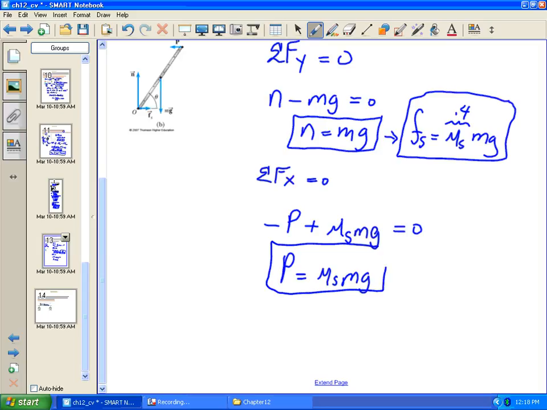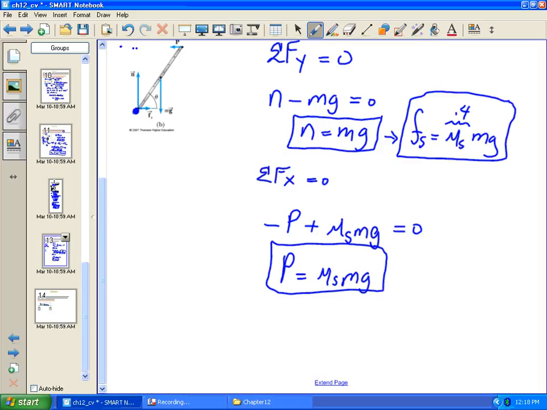So another unknown. Lastly, to get the angle theta, which is what they really wanted us to solve for, we're going to look at the torques about some axis of rotation so that equilibrium is maintained. And I suggest that the axis of rotation that we choose be right here to eliminate these two forces from producing torques. And our task now is to find moment arms.